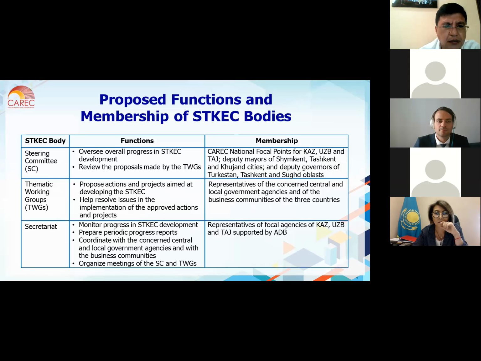It is suggested, as you can see on the screen, to create 3 bodies that would be responsible for the development of this proposed economic corridor. But it's very important. Can you show the previous slide, please? Previous slide, please.